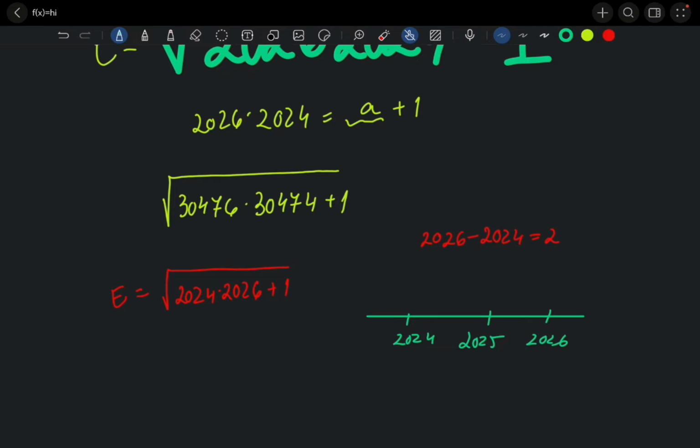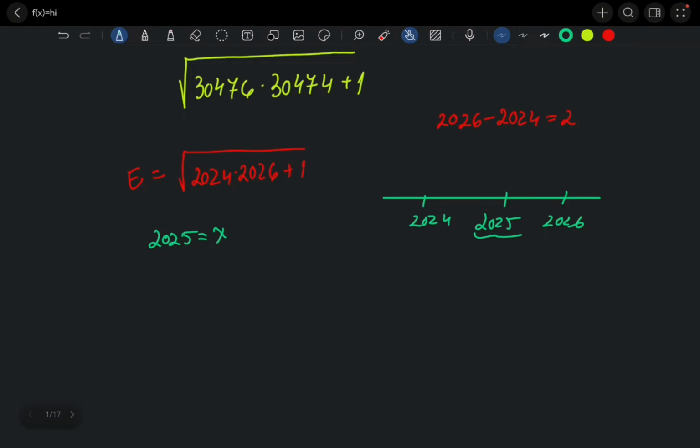Now let's say that 2025 is equal to some variable, let's call it x. Well, in this case, 2026 will become x plus 1, and 2024 will become x minus 1. That's pretty easy to see.